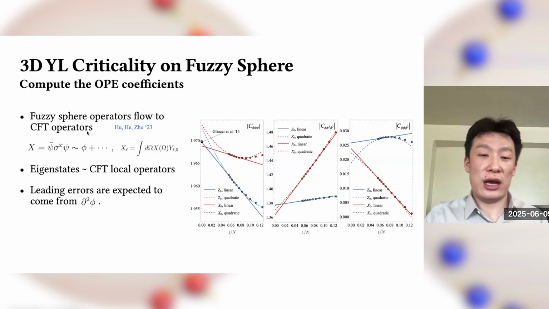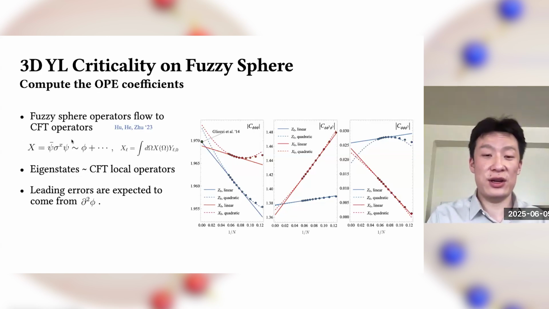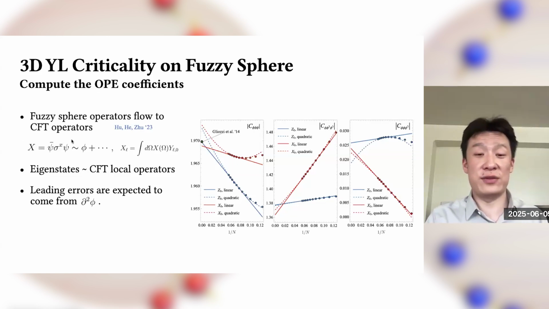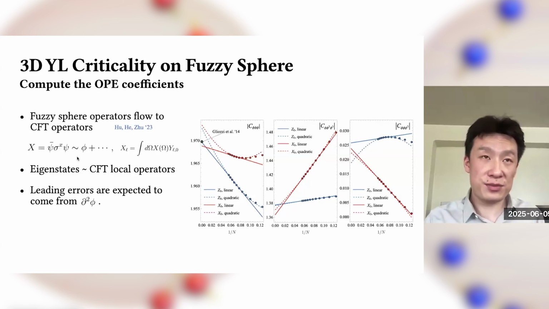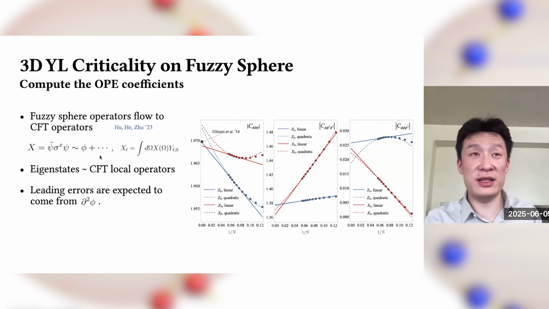If we take some density operators in the fuzzy sphere, in the thermodynamic limit, they should flow to the most leading operators in the CFT, with correction from descendants or higher primaries.